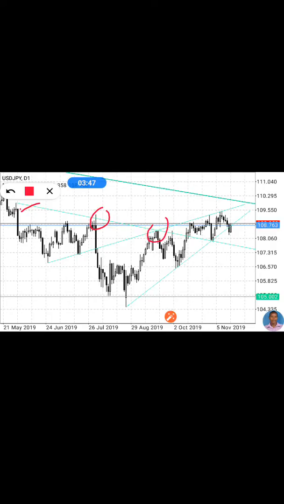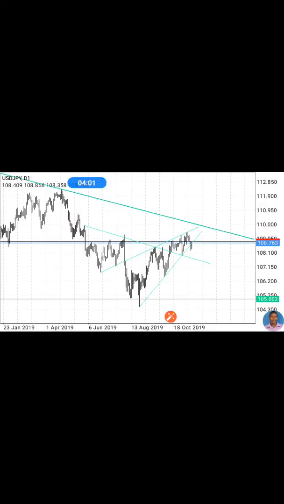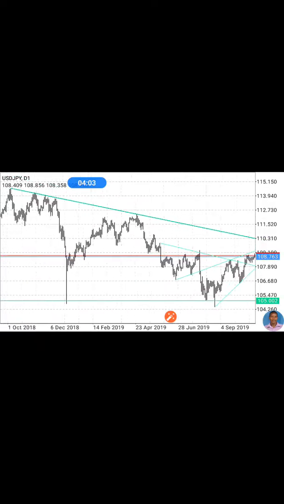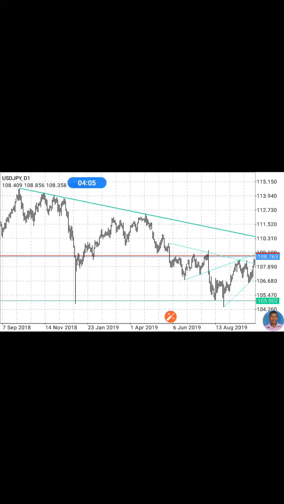We have it here, and it's respected again here. So I'm going to explain these lines, and before I forget, we have also the third line, which could be our main trend line, the general trend of this price.